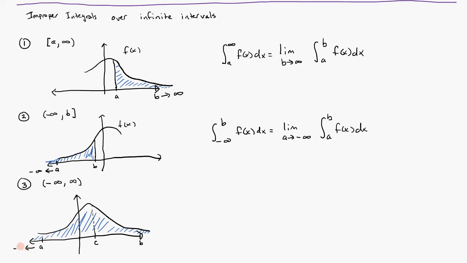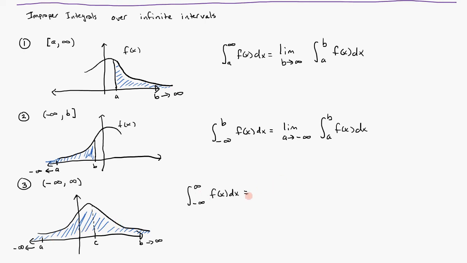So this side goes to minus infinity, this side goes to positive infinity, and you split it up into two separate integrals. So the improper integral looks like the integral from minus infinity to infinity f of x dx, but then the way you calculate it again is as two separate integrals.